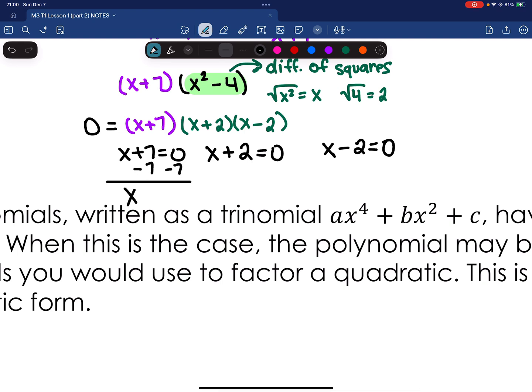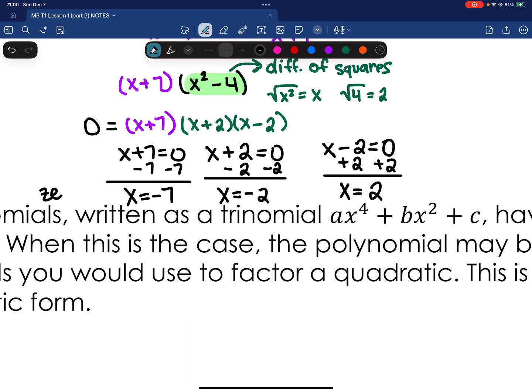We get x is equal to negative 7. We subtract 2 from the second equation, and we get x is equal to negative 2. And on the third equation, we add 2, so we get x is equal to a positive 2. These right here are the zeros, the x-intercepts, the roots, the solutions.